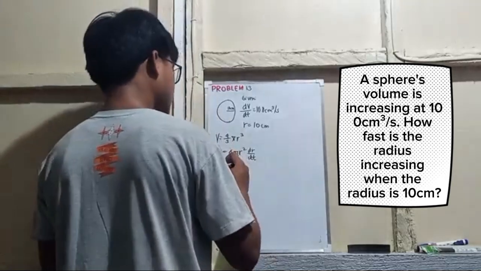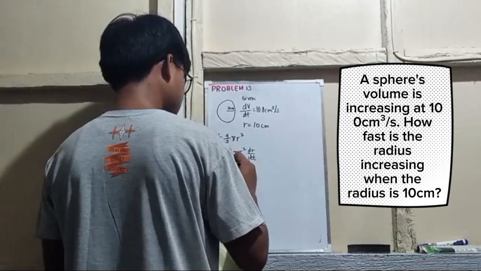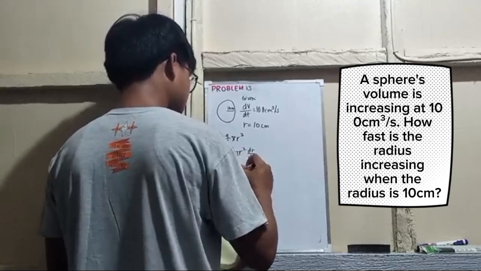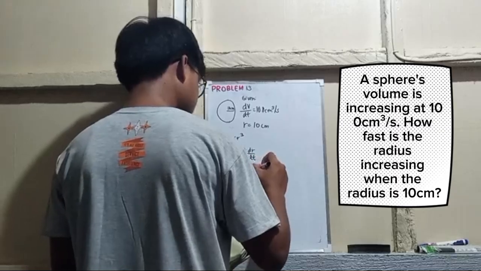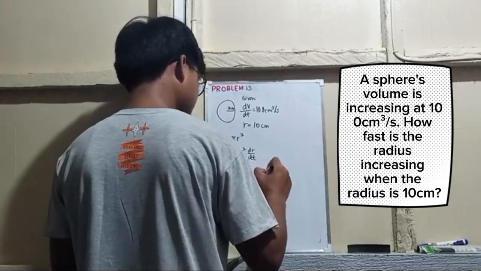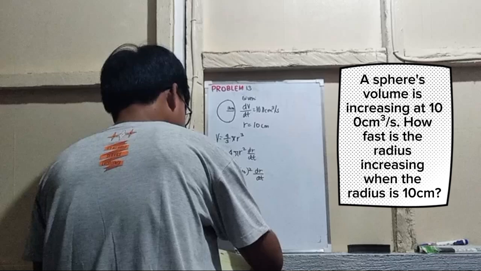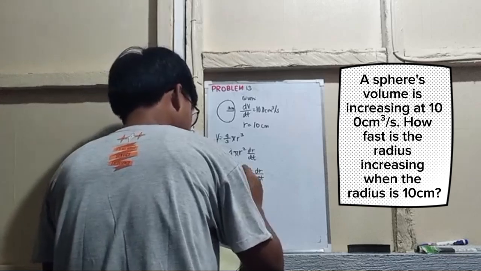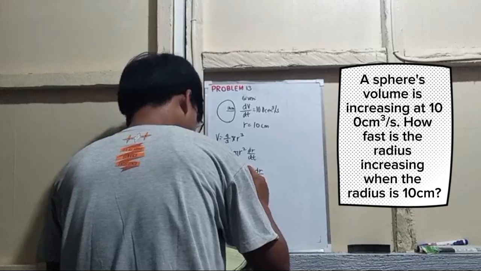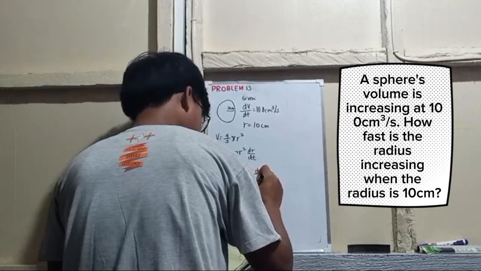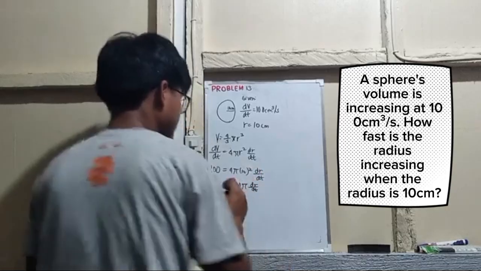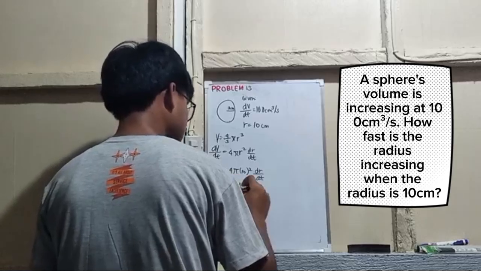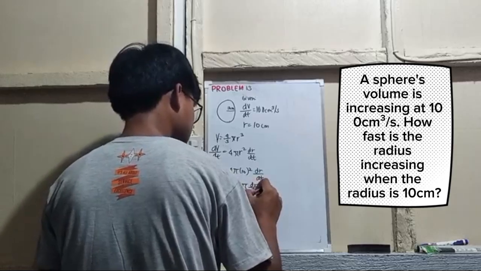So dV/dt is equal to 100, then our 4 pi and our r is equal to 10 squared dr/dt. Then solve. We'll get 100 is equal to 400 pi dr/dt. Then divide both sides by 400 pi, so that will cancel.